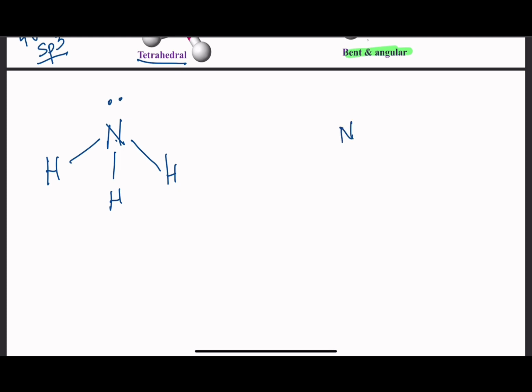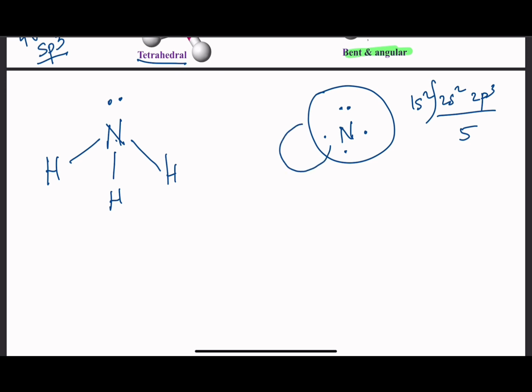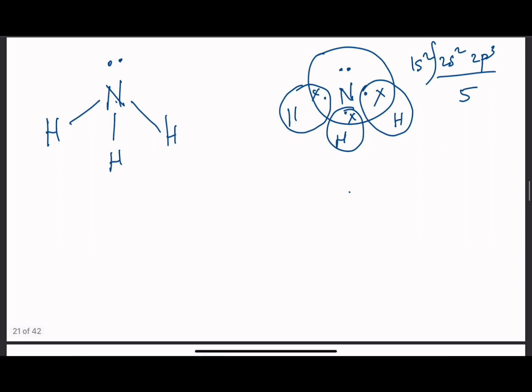So nitrogen is 1s2, 2s2, and 2p3. So in the last shell we got 5 electrons, so I'll put 1, 2, 3, 4, 5. And then I have hydrogen. Hydrogen comes in with 1 electron, and then another hydrogen comes with 1 electron, and then another hydrogen comes with 1 electron. So as you see, the shape looks like this, right?